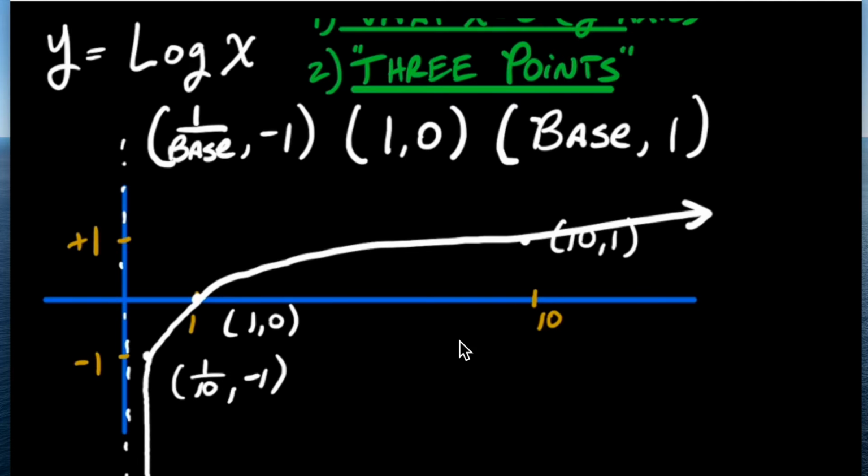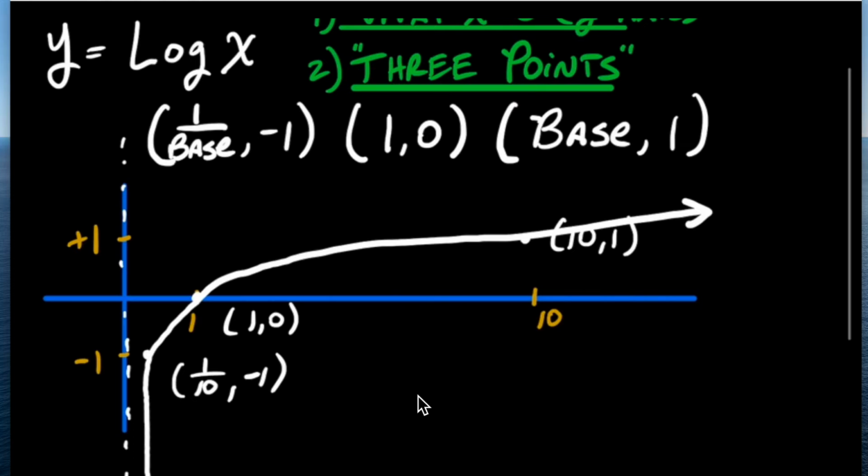Now, I want you to notice something. Notice that this graph heads towards the first quadrant. And recall, in the first quadrant, both the x value and the y value are positive. Okay, so here in this first quadrant, x is positive and y is positive.